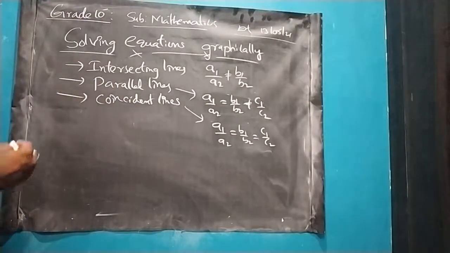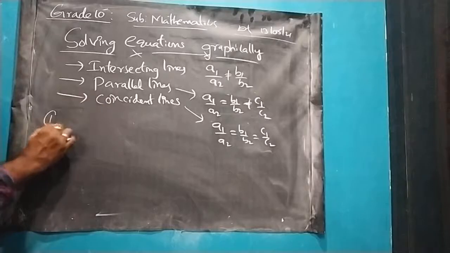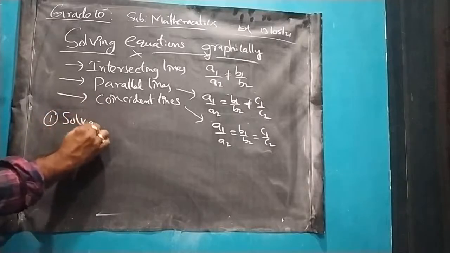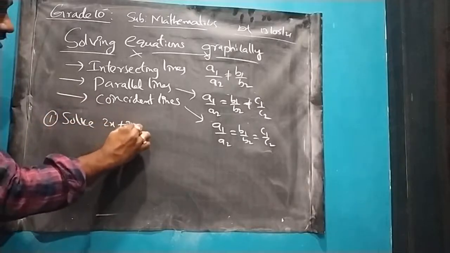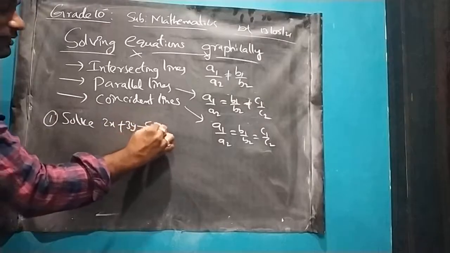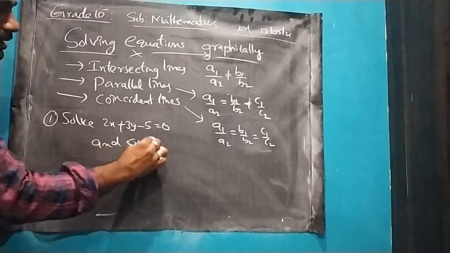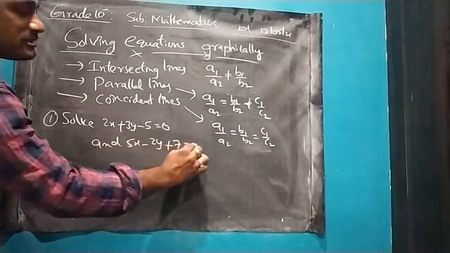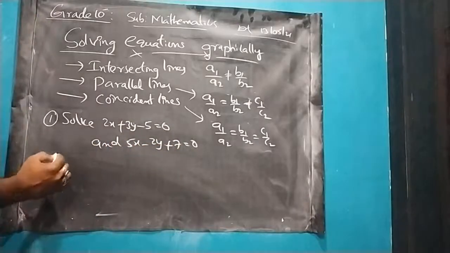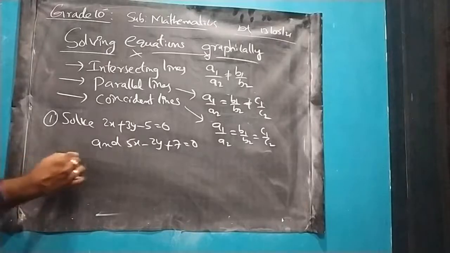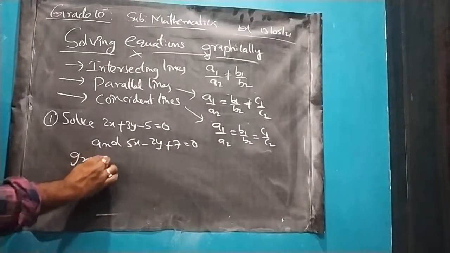Now, in the question, first he will give: solve 2x plus 3y minus 5 is equal to 0 and 5x minus 2y plus 7 is equal to 0 graphically. So he will be mentioning graphically for us.